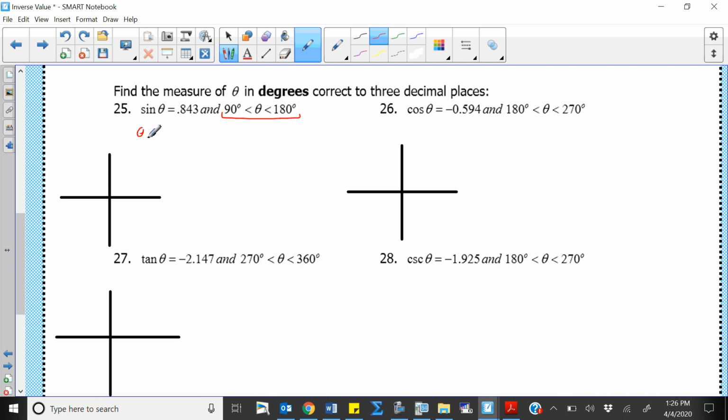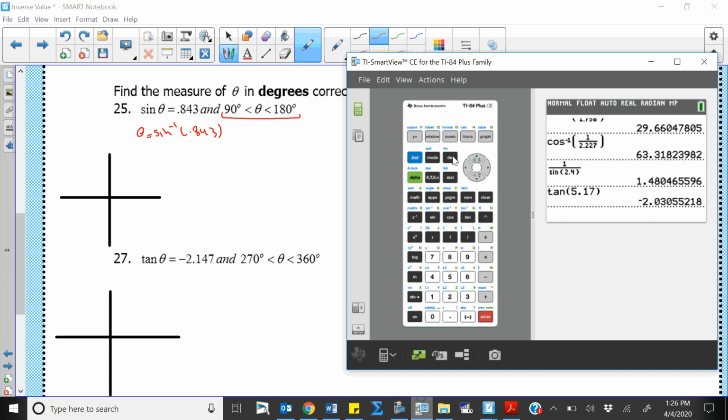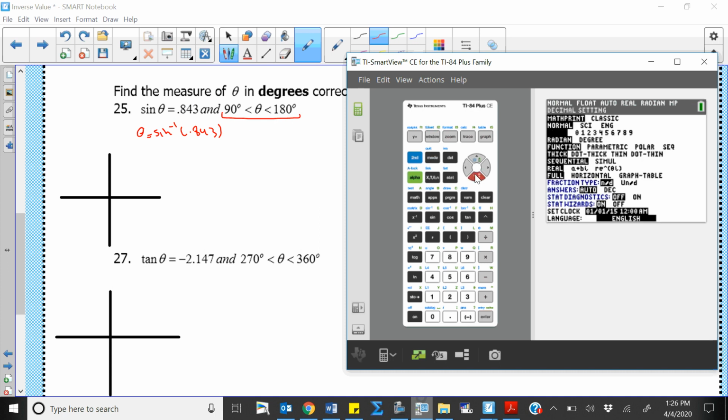Theta will be equal to sine negative 1 of 0.843. So I'm going to use my calculator. First of all, should be in degrees mode, so I change this to degrees. Okay, this is in degrees mode.